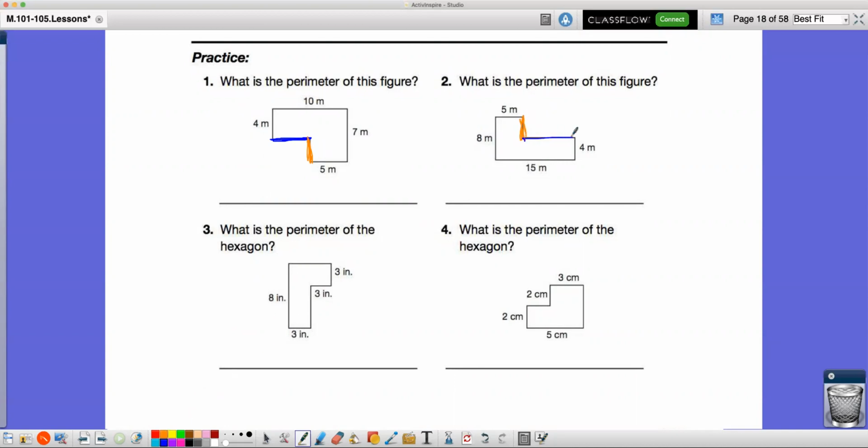And this is an unknown space. So you have to determine those before you move forward with what the perimeter is by adding up all the sides. On this one, it looks like the unknown space is this line right here. And the other unknown space looks like this line right here. So you have to determine what those lengths are.